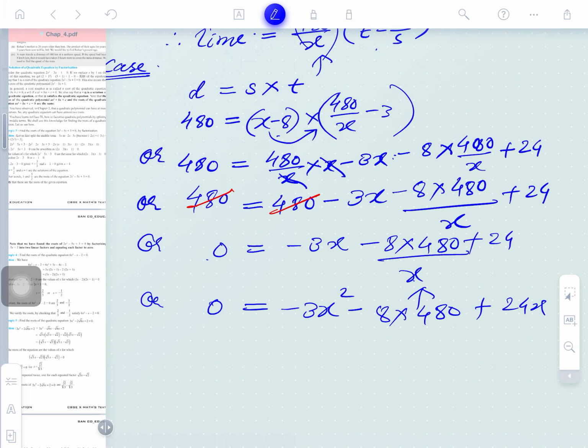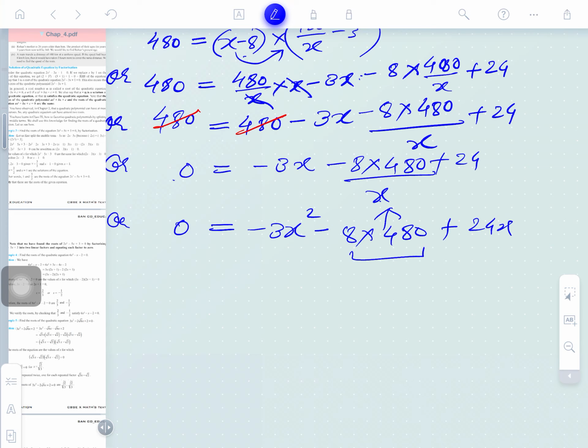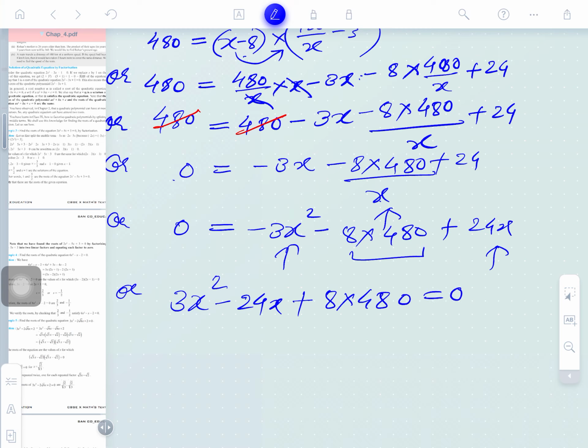and 24x. So you may see this term is without x, this is single x, this is square of x. So this typical expression can be written first. All terms can be brought to the left hand side: 3x square minus 24x plus 8 times 480. See guys, I am not compositing this. Why not?